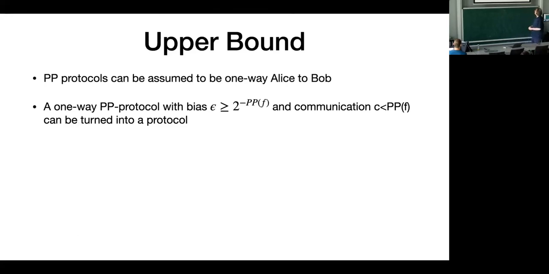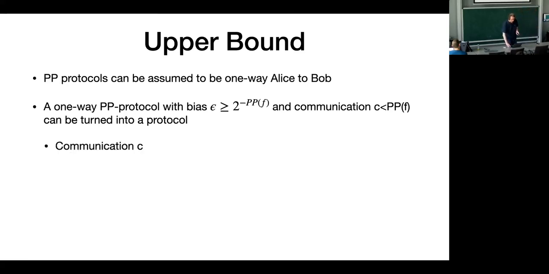Okay, so there's a general result that PP protocols can be assumed to be one-way. And essentially, if you want to make things simple, let's say you have a protocol that has a bias of at least 2 to the minus pp and the communication of at most pp, then this C plus log 1 over epsilon is something like 2 times pp still.